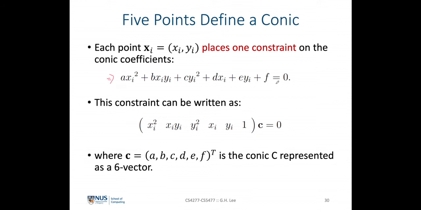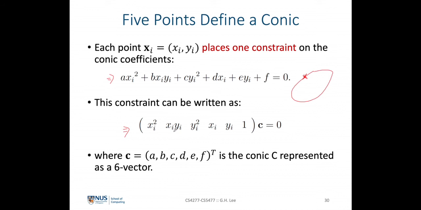And what this means geometrically is that given a conic, for example, this ellipse over here, when we have one point that lies on this particular conic, this is going to give one of these constraints. And this particular constraint in terms of this polynomial equation can be rewritten in a matrix form, or in a homogeneous linear equation form, as in this particular case.